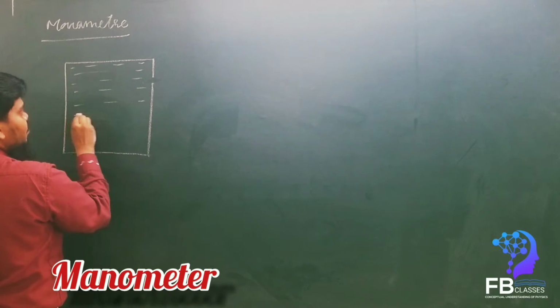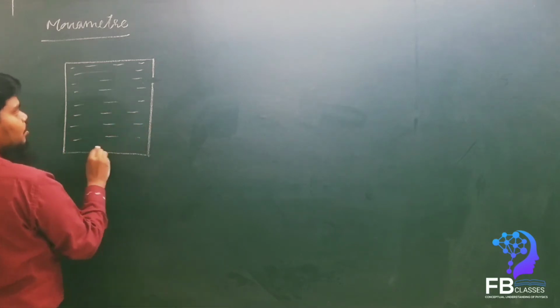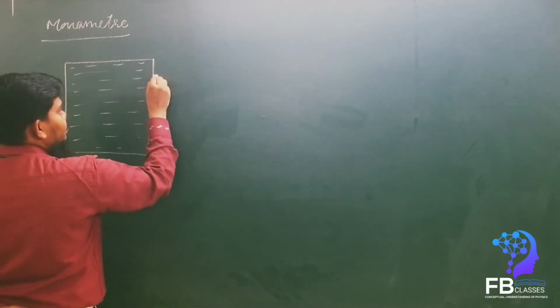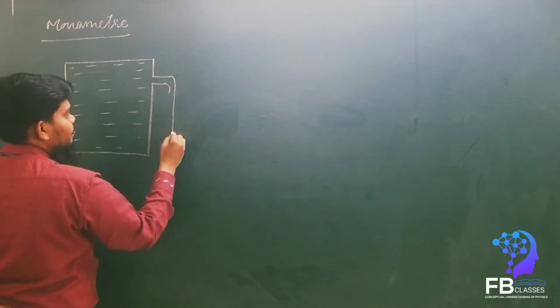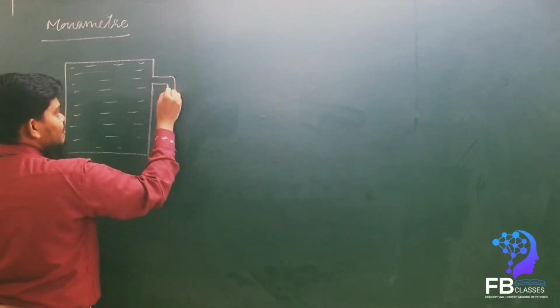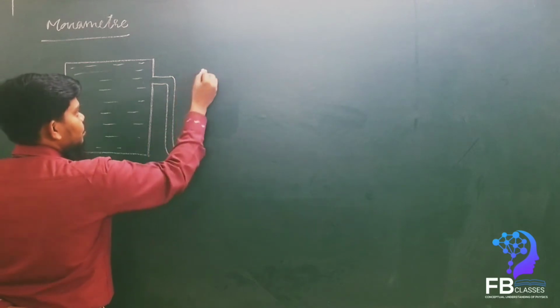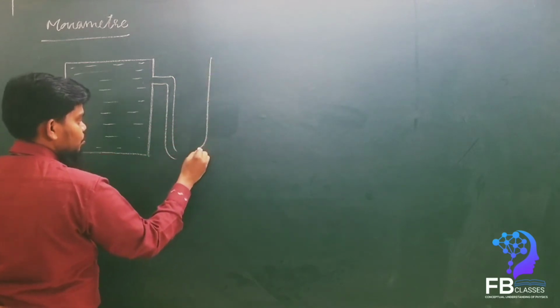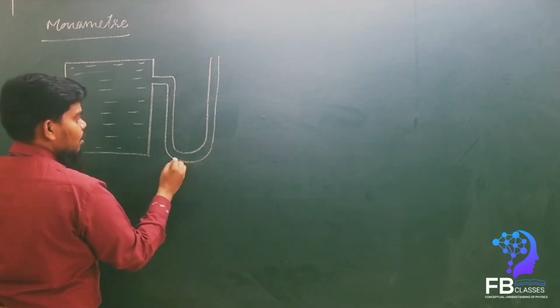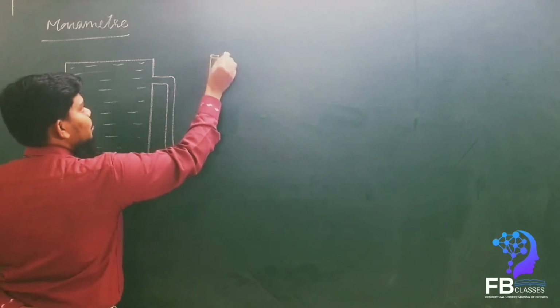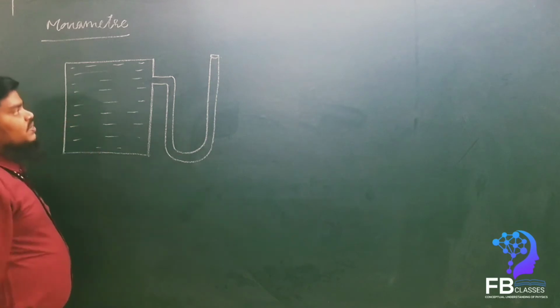So it is a cylinder. To this cylinder we connect one U shape tube, like this. This is a U shape tube. One of the ends is open.